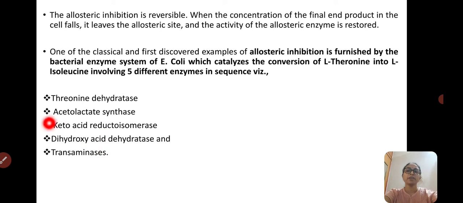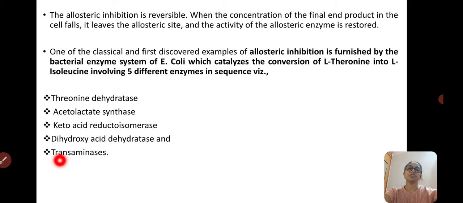You can see the first one is threonine dehydrase, the second one is acetolactate synthetase, the third one is keto acid reductoisomerase, the fourth one is dihydroxy acid dehydrase, and the fifth one is transaminase.